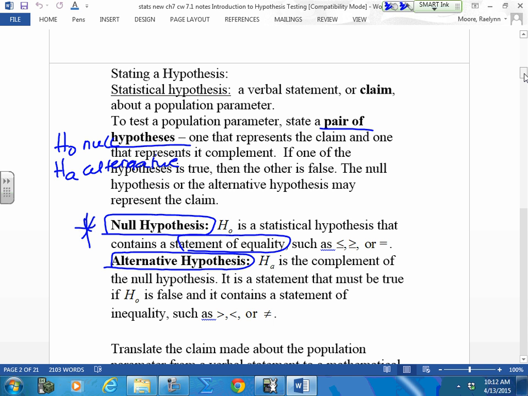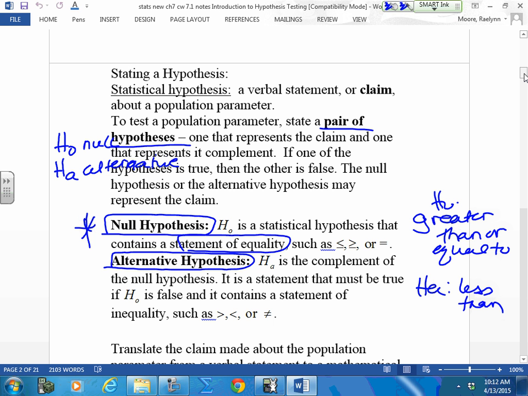If this one says greater than or equal to, this is your null, then your alternative has to be the complete opposite of that. What is the opposite of greater than? Less than.